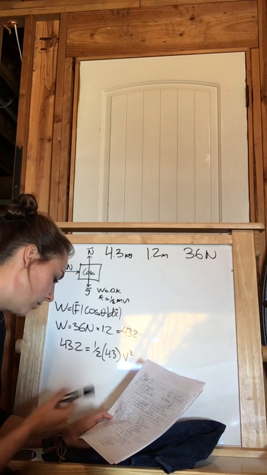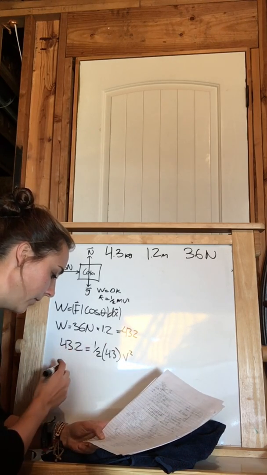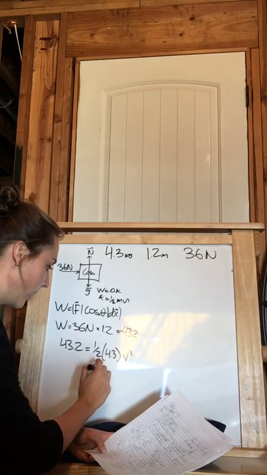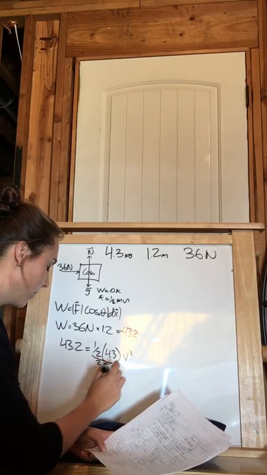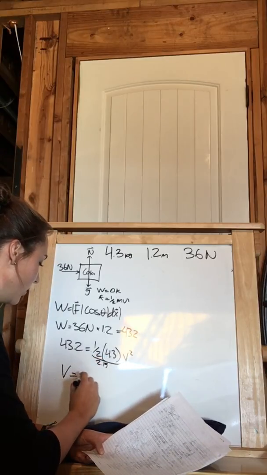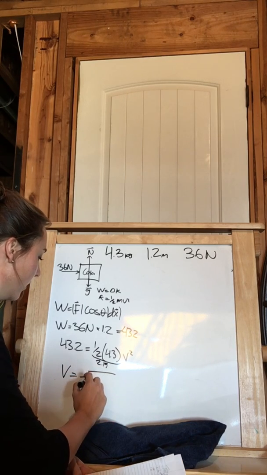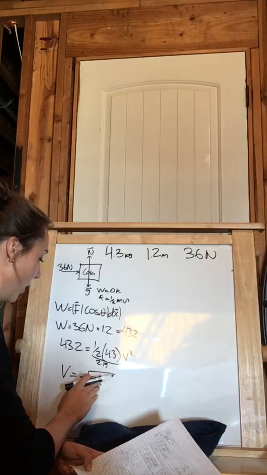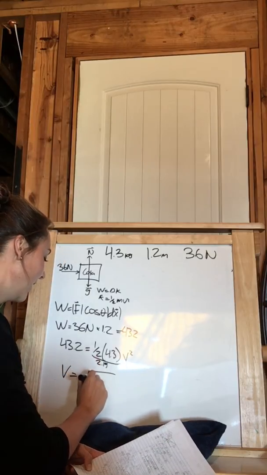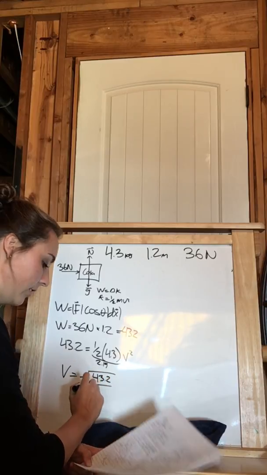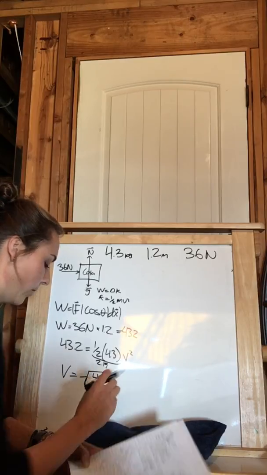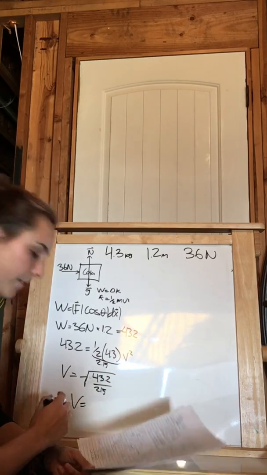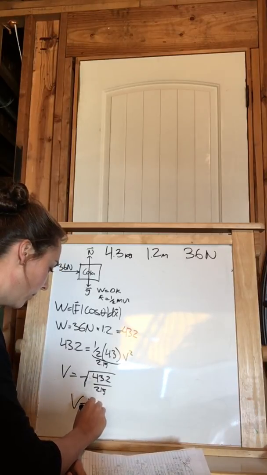So we've got that set up now, and we're just going to solve for v squared. 1/2 times 4.3 is 2.15. So v is going to equal the square root of 43.2 divided by 2.15. And that should equal about, can you see down there? Yeah, v equals 4.48.